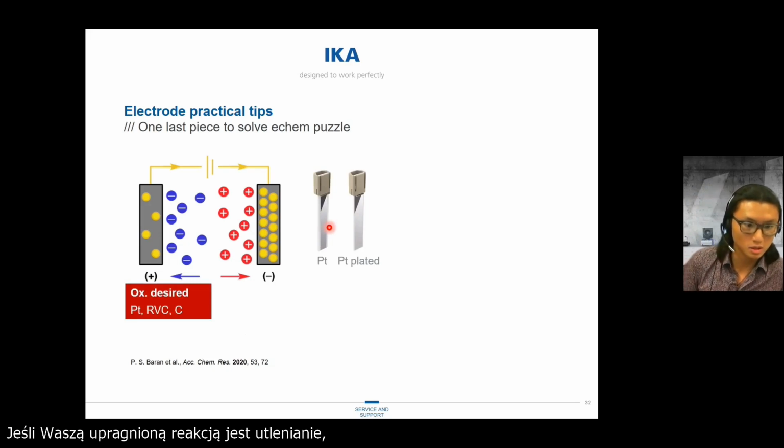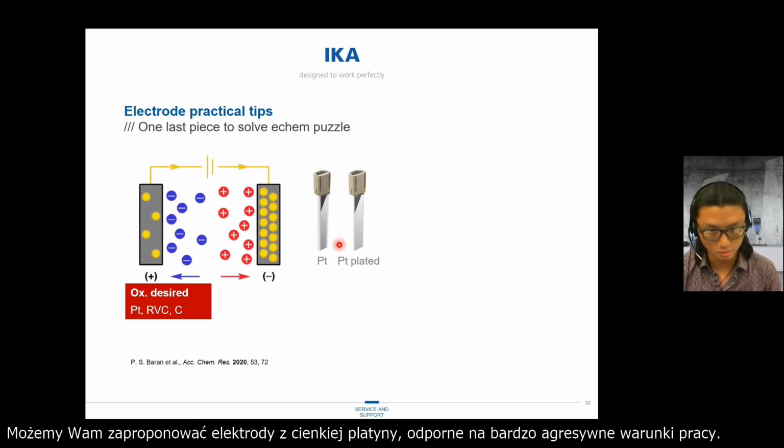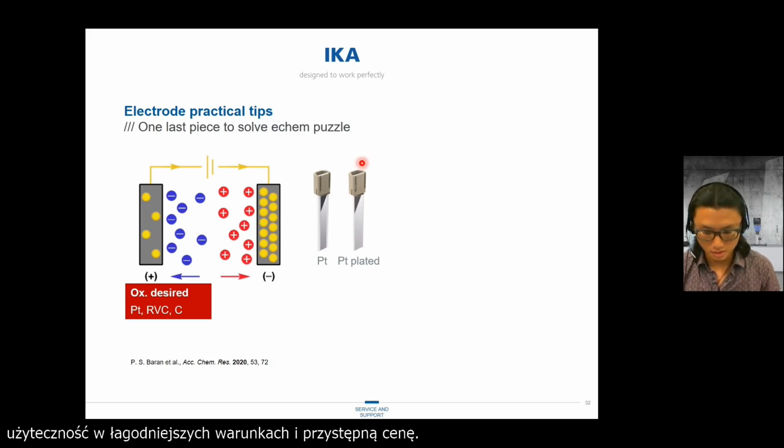So if your desired reaction is oxidation, you want to use non-sacrificial anodes such as platinum or other carbon-based materials. For the material of platinum, we have platinum foil, which is more durable in very harsh conditions. And we also have platinum plated on ceramic. This is a mid-ground solution, considering the affordability and a milder reaction condition.